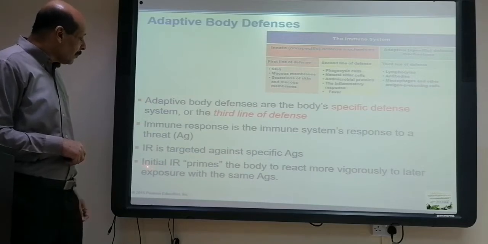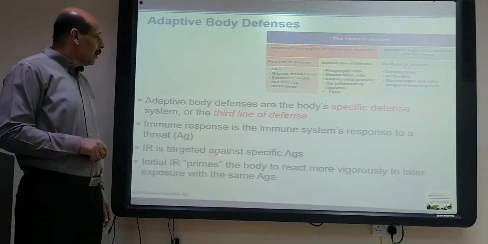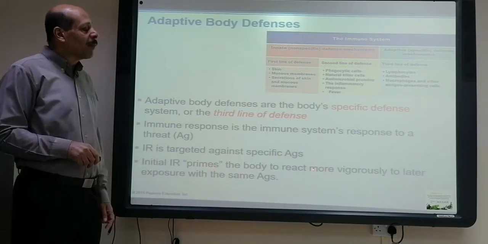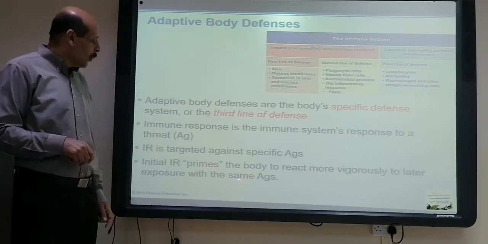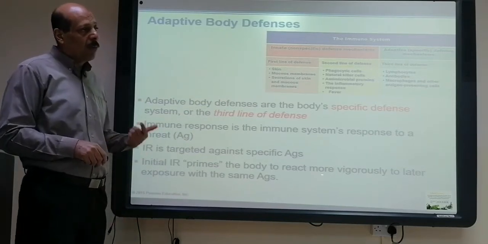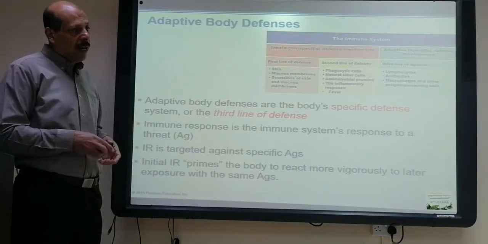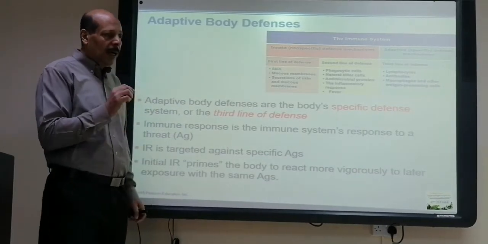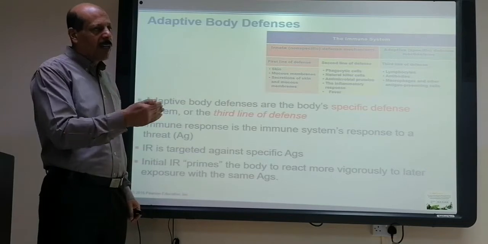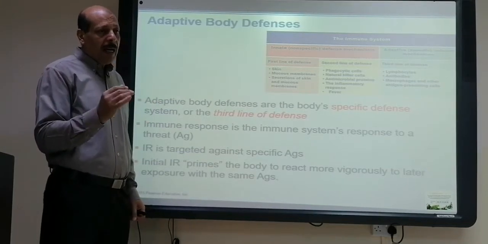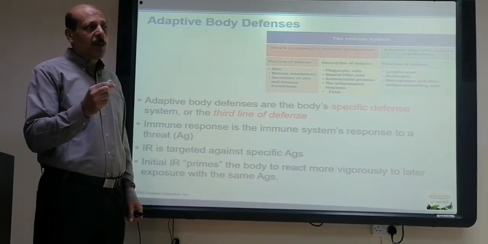The initial immune response also primes the body to react more vigorously to later exposure with the same antigen. So if we get an antigen, let's say one month ago, our body will start to formulate the antibodies, and that amount of antibodies will be low.